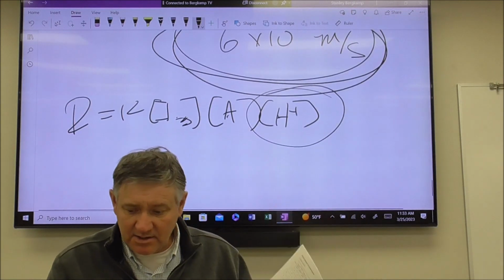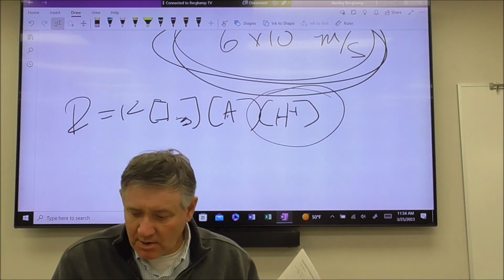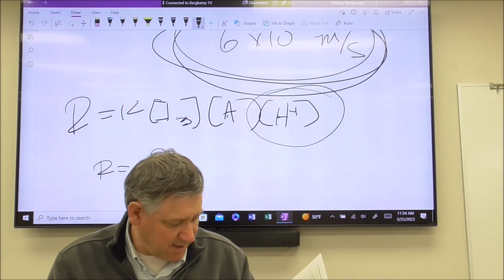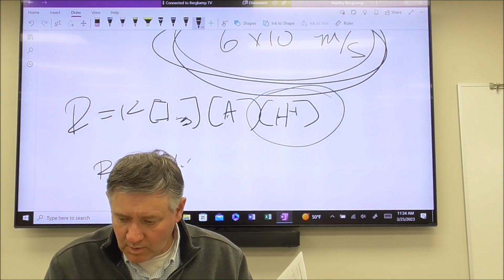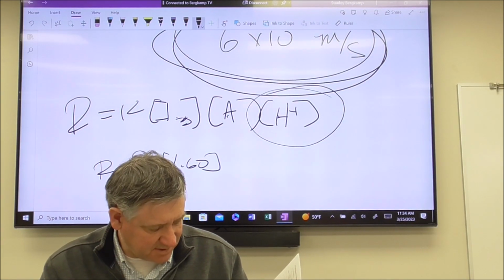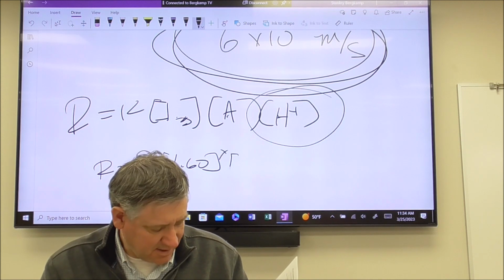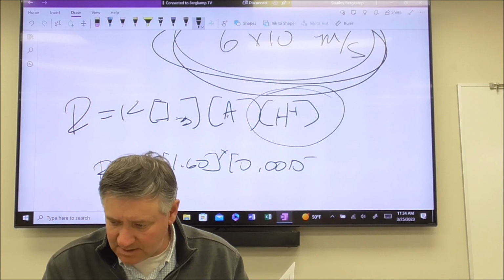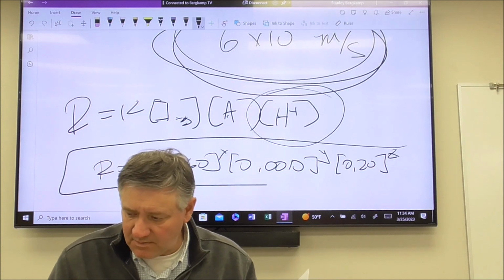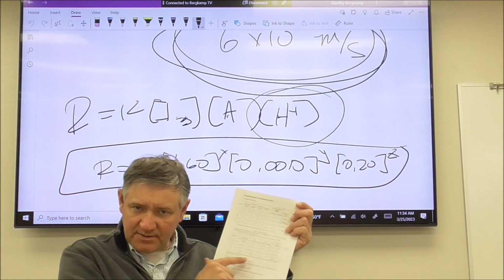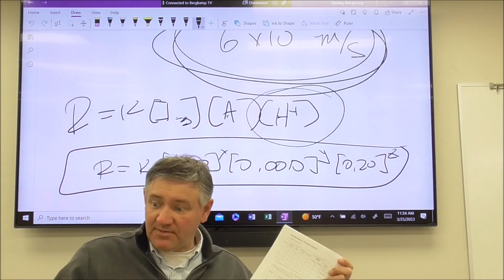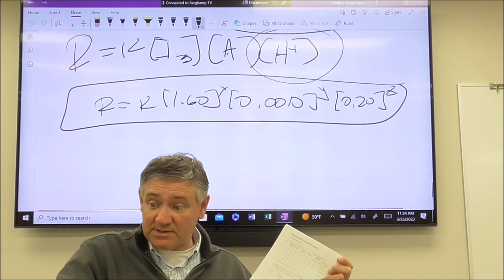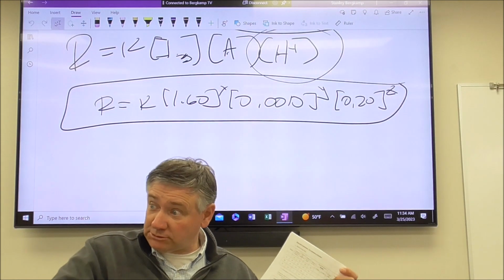So on this line, where it says rate 2, you're going to have R equals K, 1.6 times the concentration of X times 0.0010 times the concentration of Y, and then 0.20 concentration of Z. This is what I want down here on this line where it says rate 2. This, right here. Do not make this difficult.